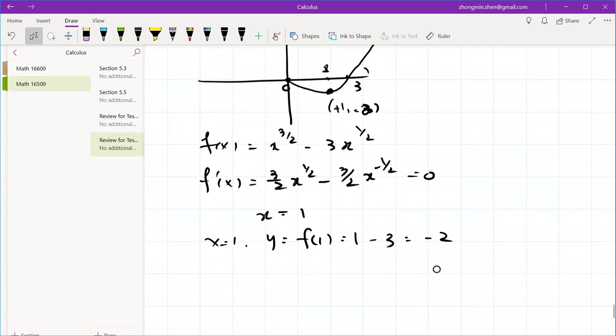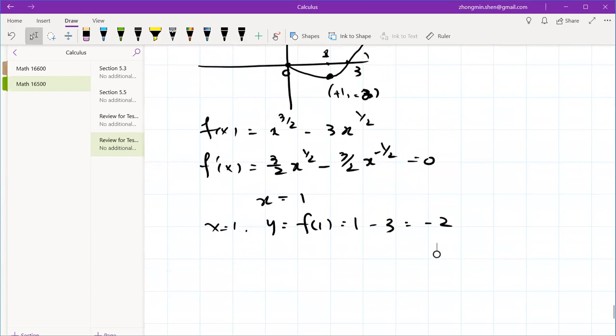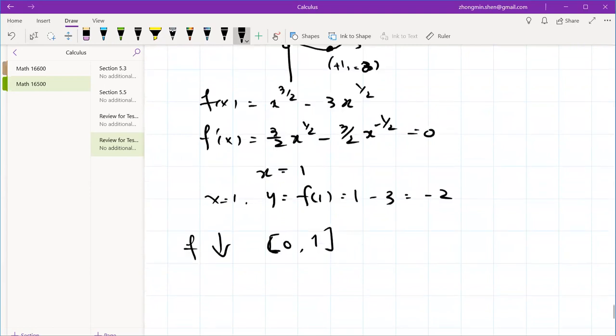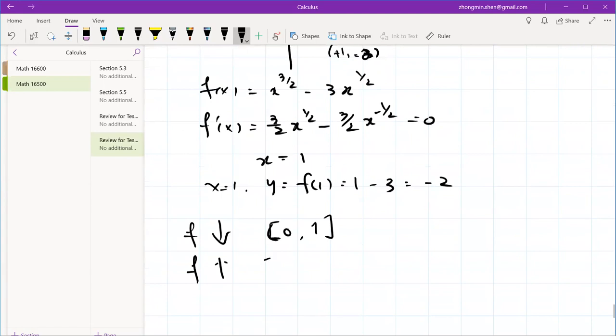And the absolute minimum value is going to be -2. So clearly, f is decreasing on the interval from 0 to 1. f is increasing from 1 to infinity.